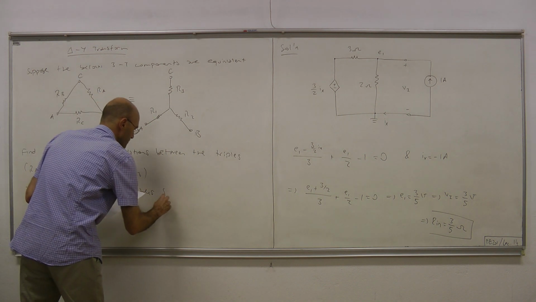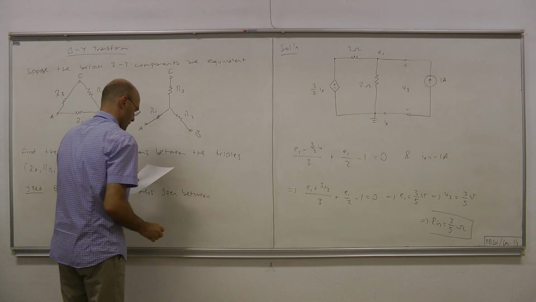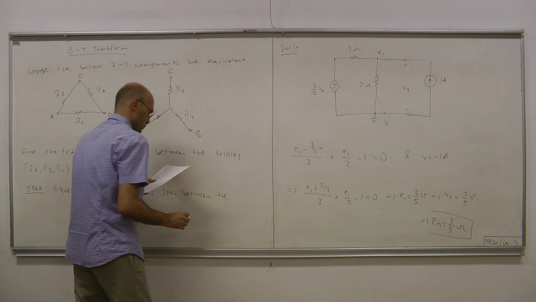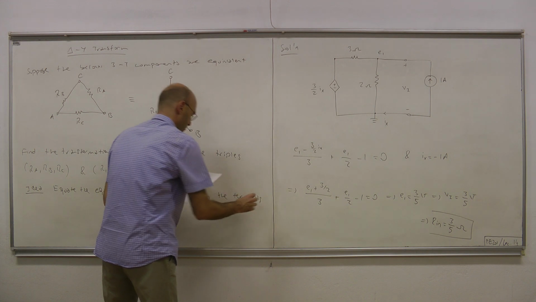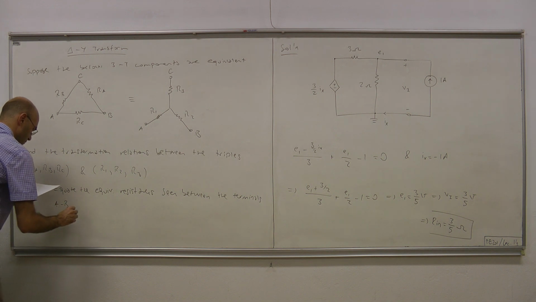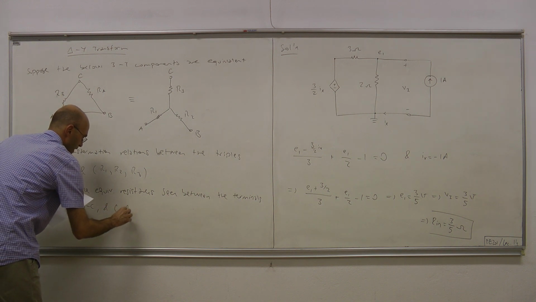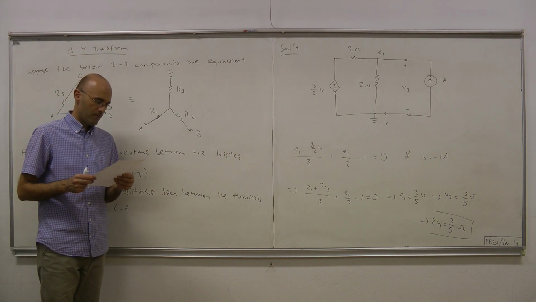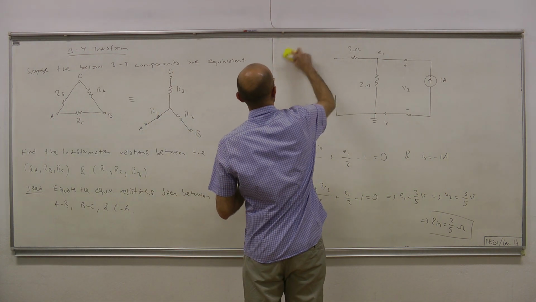Okay, for the pair of terminals AB, BC, and finally CA. So what we mean by that is the following.